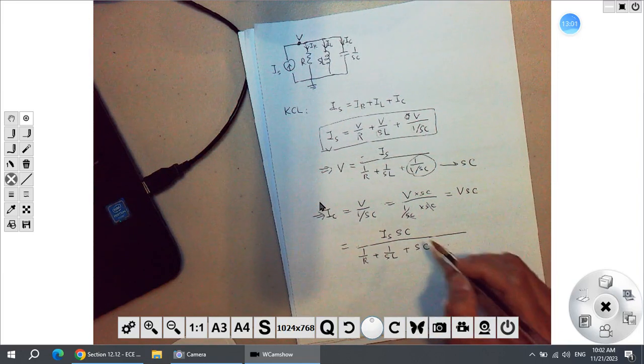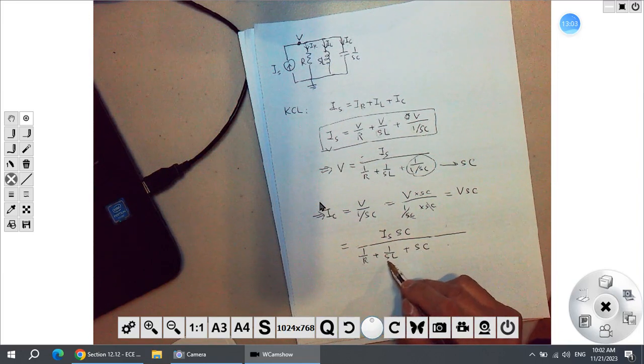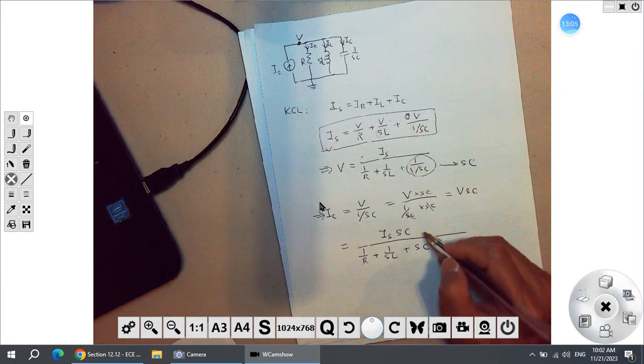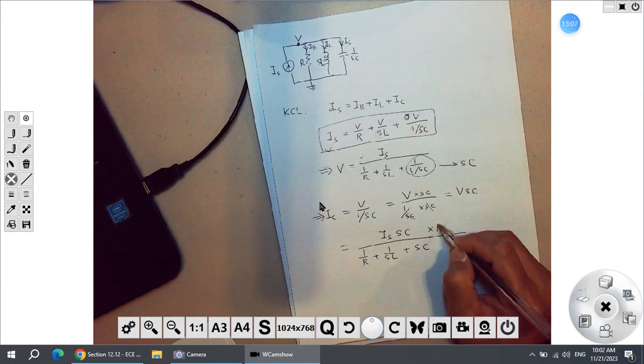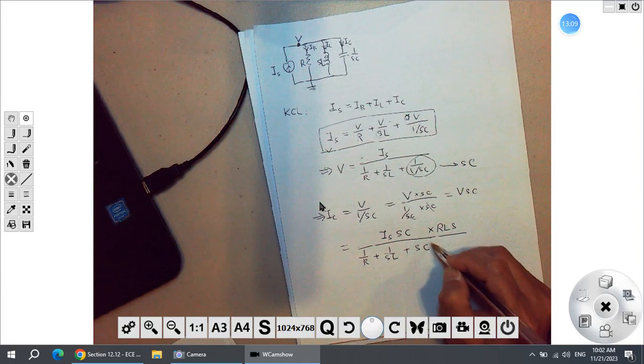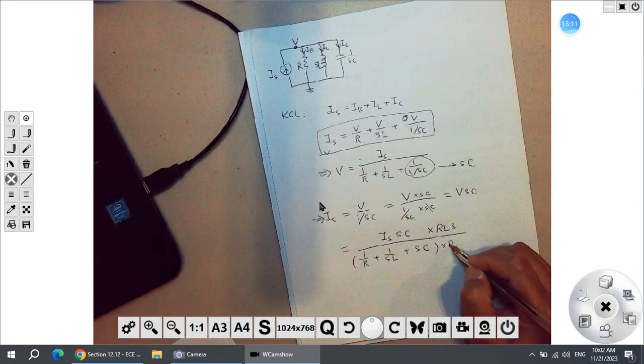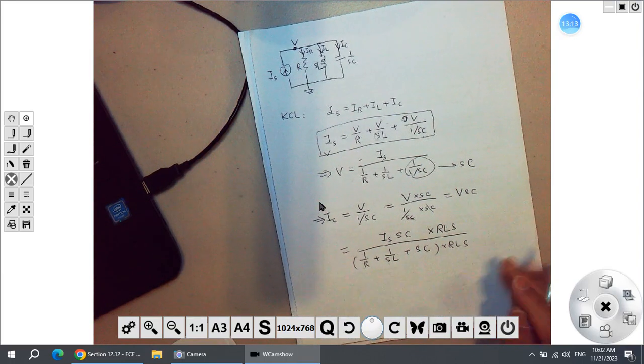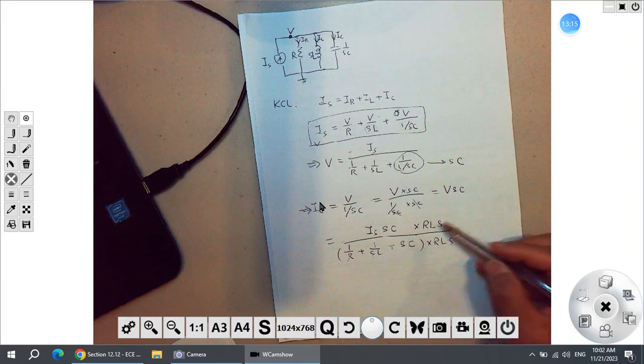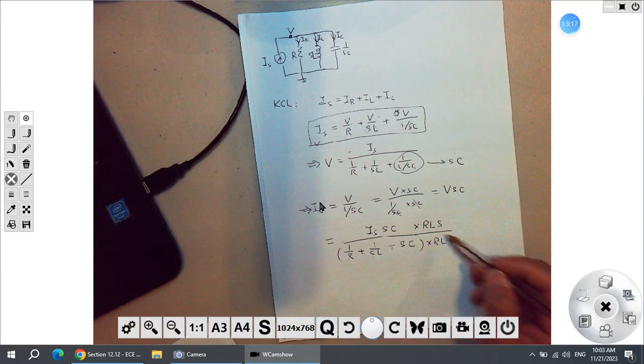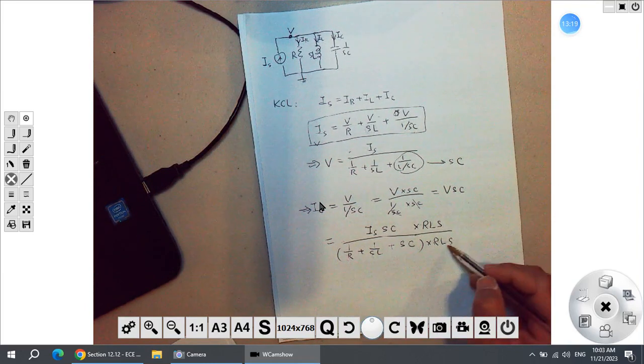Now I want to cancel R and SL in these two denominators. So I multiply by RLS, times RLS. This is the same thing, right? You can cancel this and go back. Now I do not cancel it; I multiply inside.